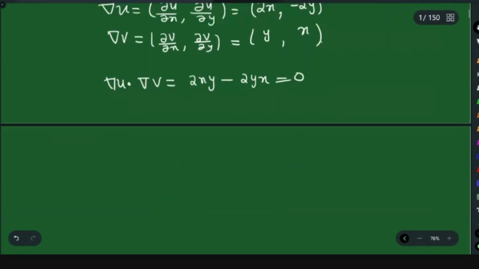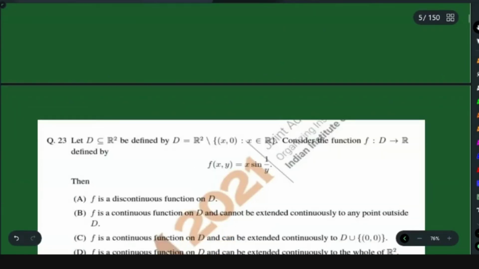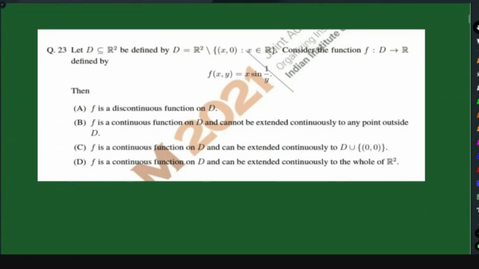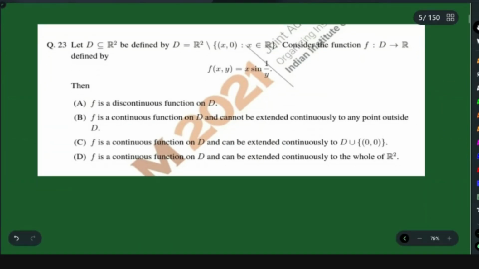So this is also a last 2021 question. So I already did this question, right? Anyway, you just look at here. D is a subset of R2 where D is equal to R2 minus (x, 0). So what exactly is your D? You are removing the x-axis, right?